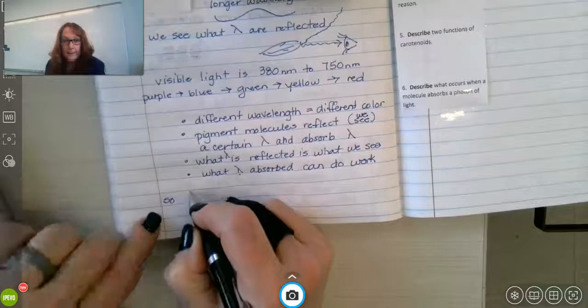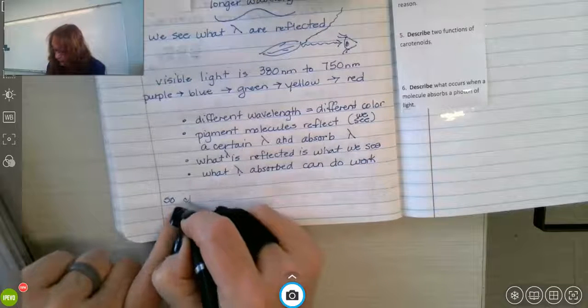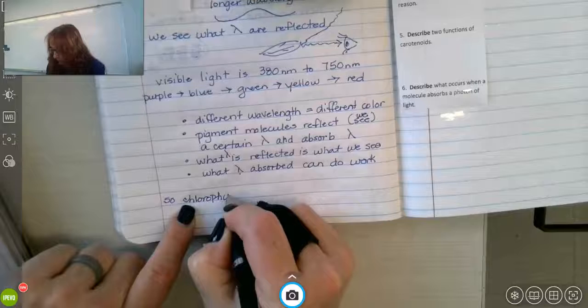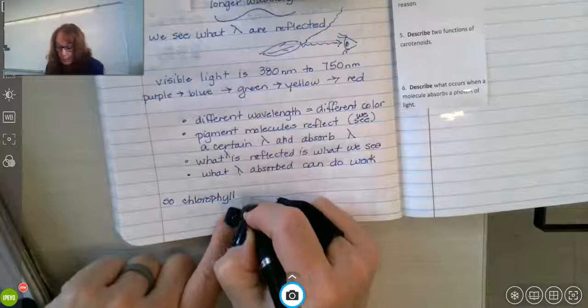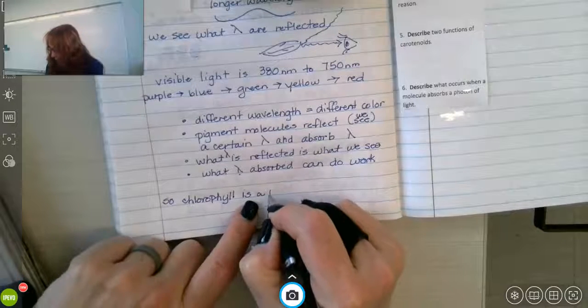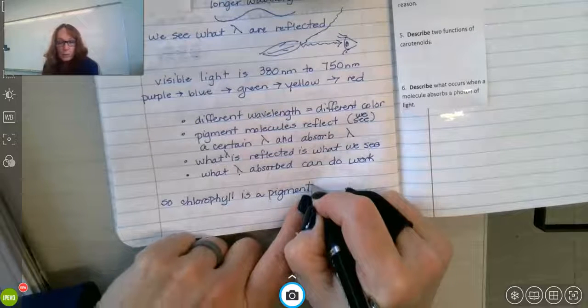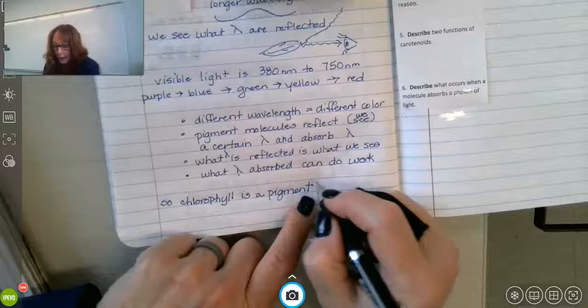So, getting to all this, chlorophyll A and B, but it's a pigment. And what does it do? Well, that's why leaves are green.